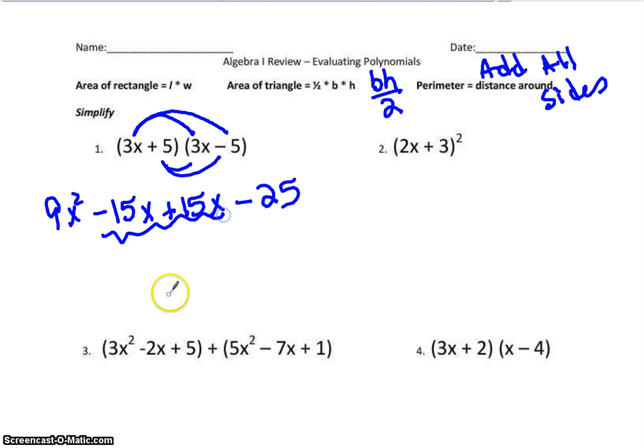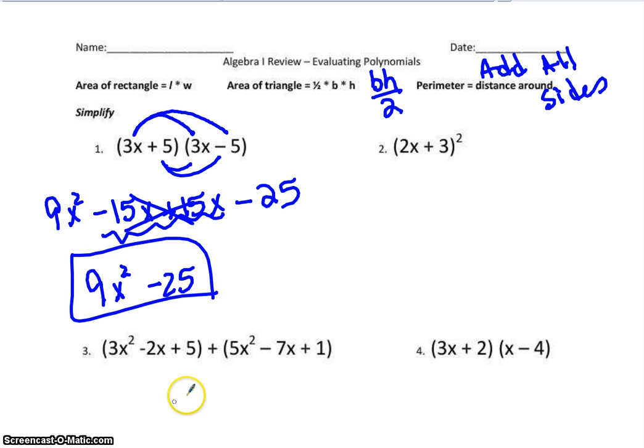Remember that the two terms in the middle should combine, so bring down your 9x squared. Negative 15 plus 15 in your calculator gives you 0. This means they cancel. Bring down your minus 25. This is your answer.